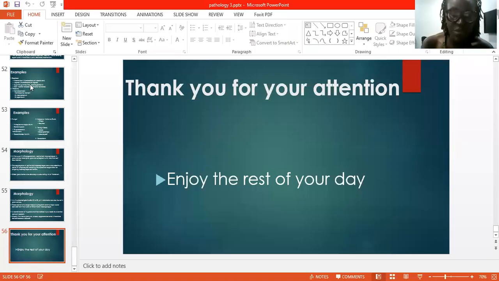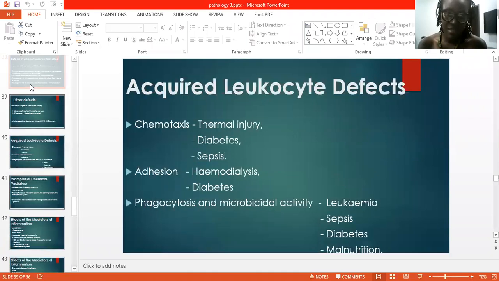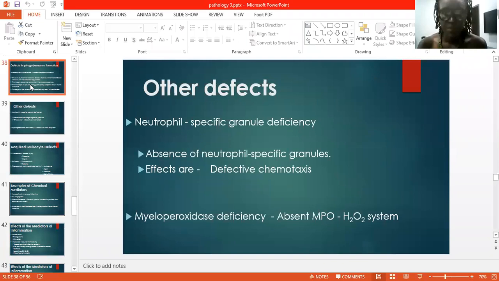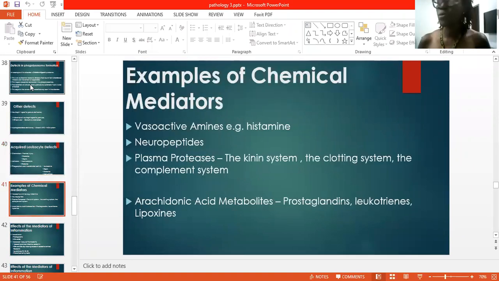If you remember what we talked about for the inflammatory process, there are defects in the inflammation. In diabetes, for example, there are problems with chemotaxis, adhesion and phagocytosis. This causes problems with inflammation, which leads to poor wound healing, because it's the inflammatory process that leads to healing. Our next topic will be wound healing.